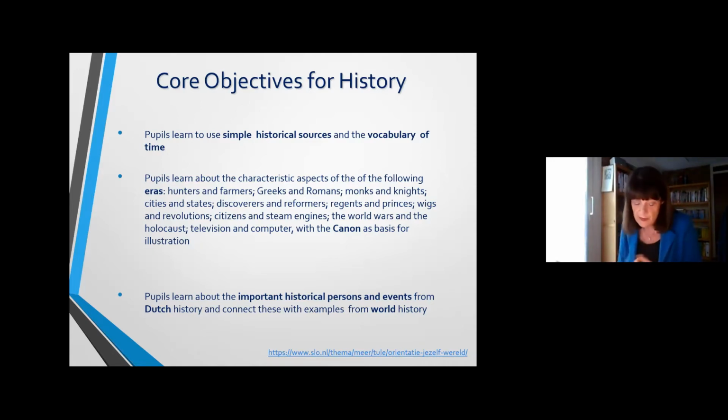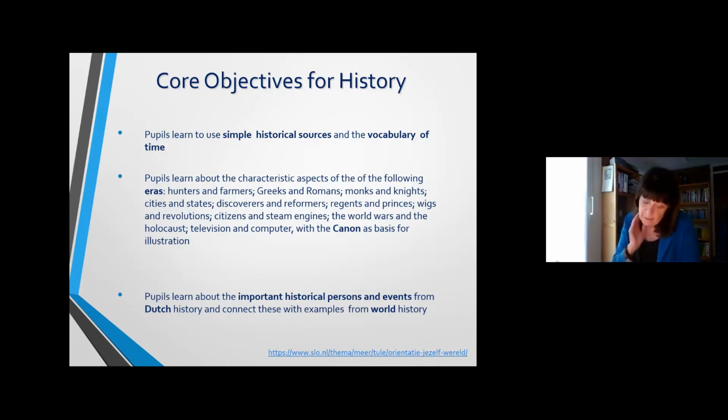The first one is about skills: dealing with simple sources and using the vocabulary of time. The other two are about knowledge. The knowledge concerns the characteristics of the 10 eras, and the names of the 10 eras are all mentioned in this core objective. They go from prehistoric till modern times.